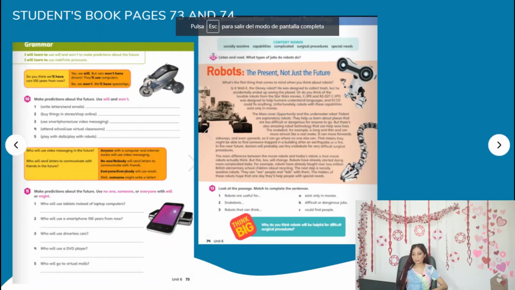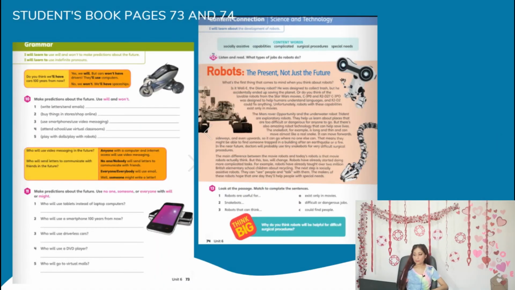Student's Book, page 74, Activity 12. Listen and read. What types of jobs do robots do? Robots, the present, not just the future. What's the first thing that comes to mind when you think about robots?